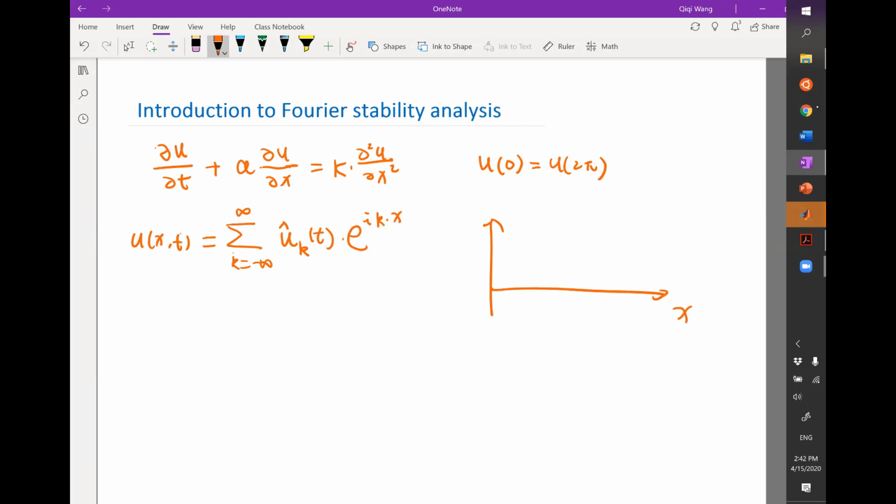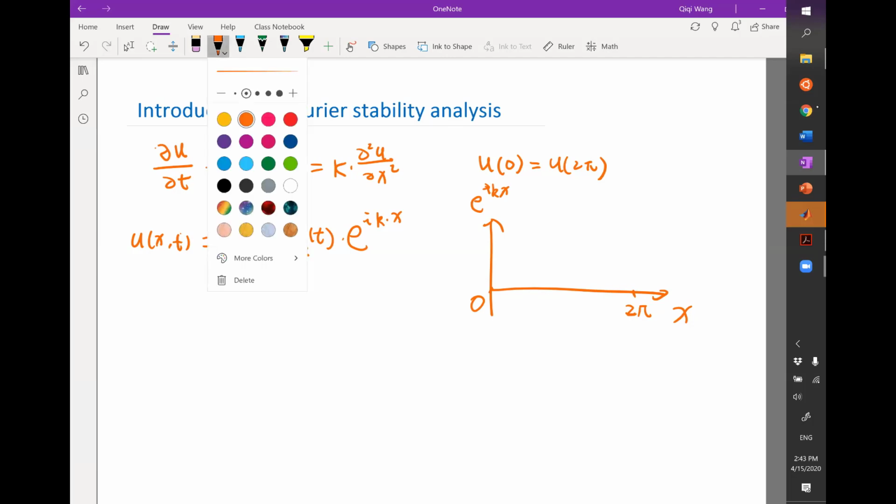Let's say this is x, this is 0, this is 2 pi. Let me draw e to the ikx. First of all, what would the function be when k is equal to 0?